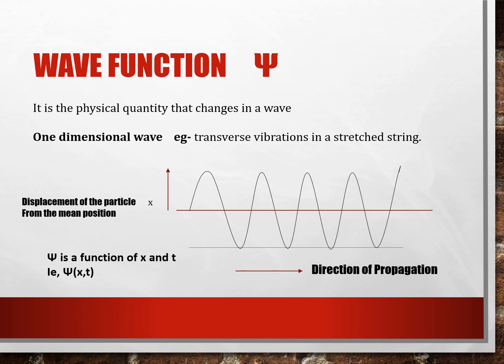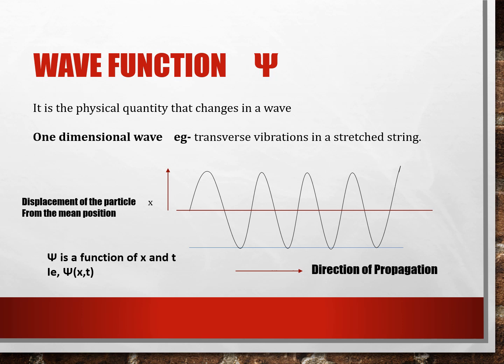Consider the case of a one-dimensional wave, for example, transverse vibrations in a stretched string on plucking it. Here, x represents the displacement of the particles of the string from the mean position, and since the displacements are perpendicular to the direction of propagation, the vibrations are transverse and we get a transverse wave.